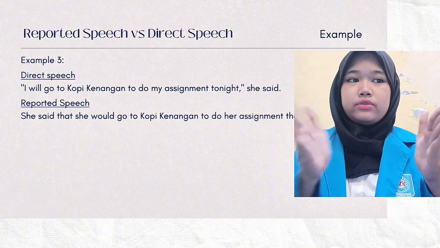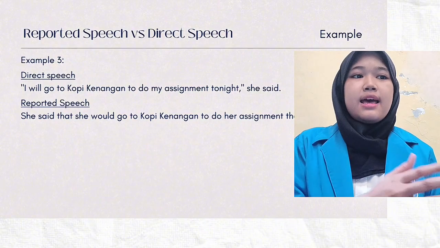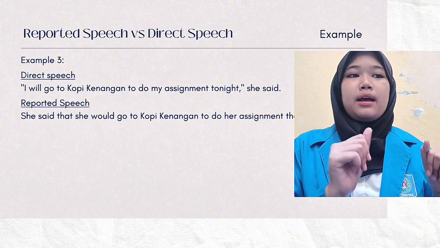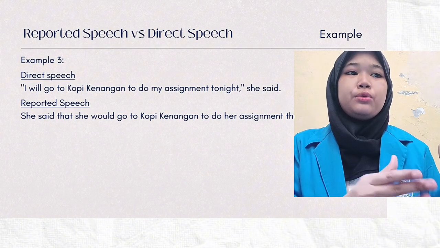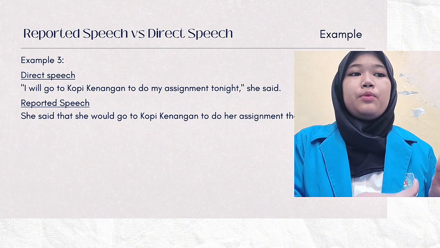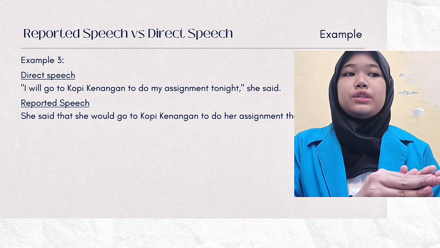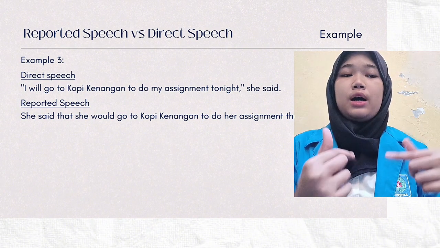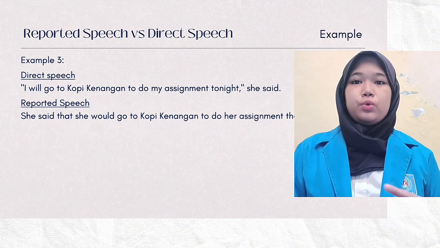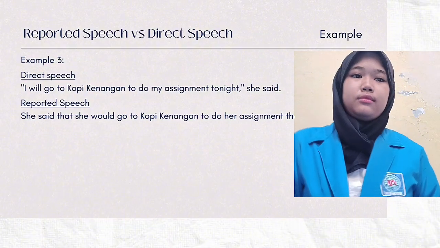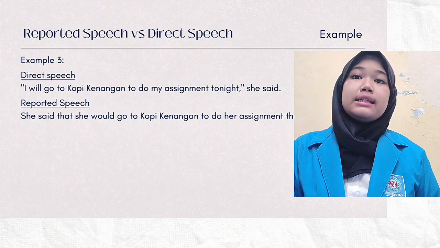She said, we move to the first phrase, and because it's a girl who speaks, then we add she would. The pronoun I, I change to she, and will is changed to would. And the time signal tonight, I change to that night.